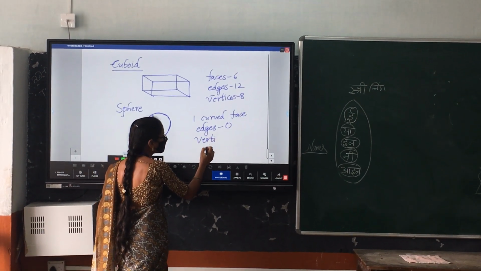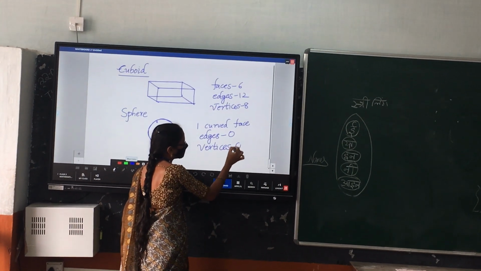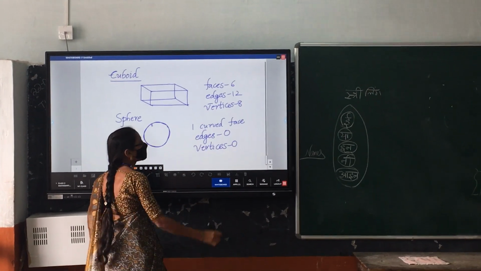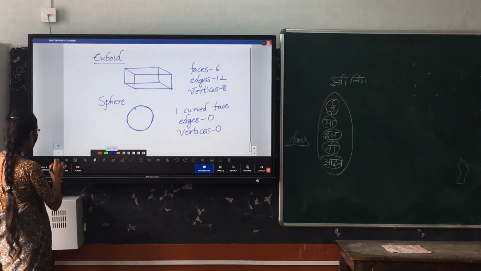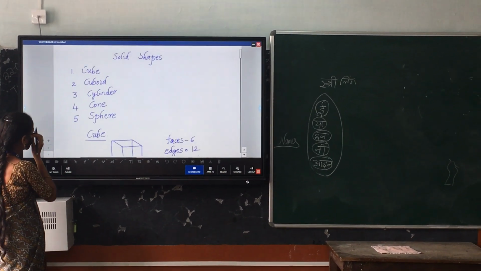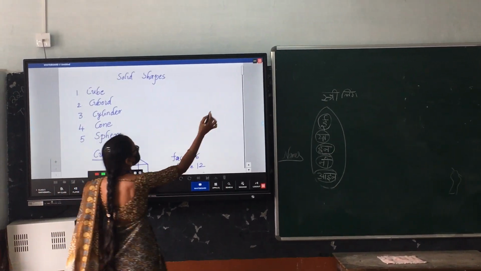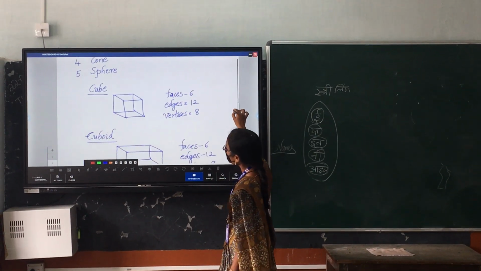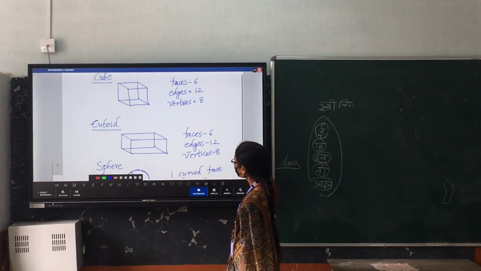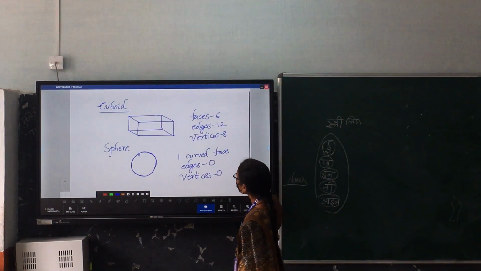Zero means nothing. Like this. Next one. Understood this? Yes, teacher. This is how to draw a cube, cuboid, and sphere.